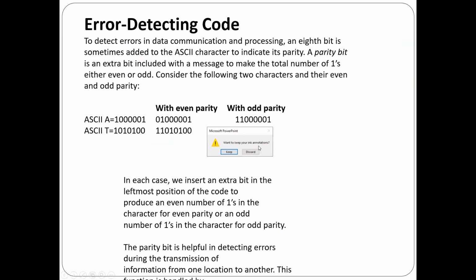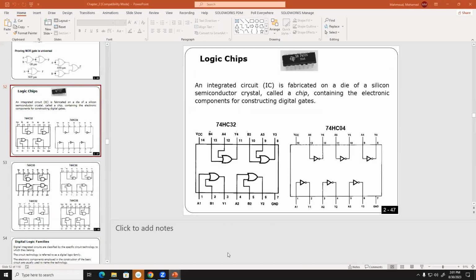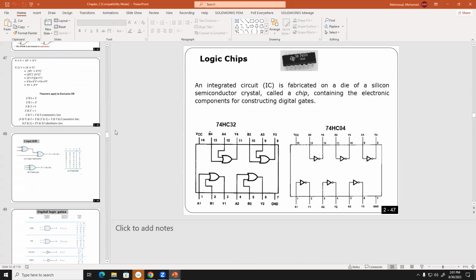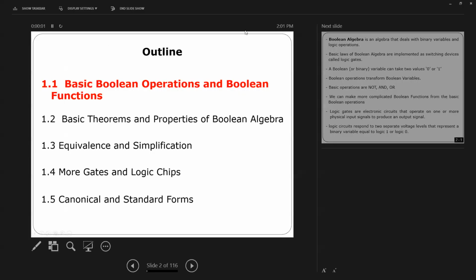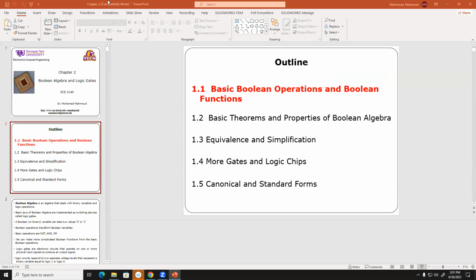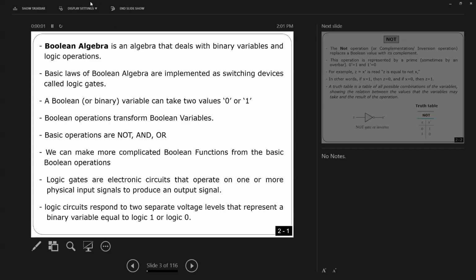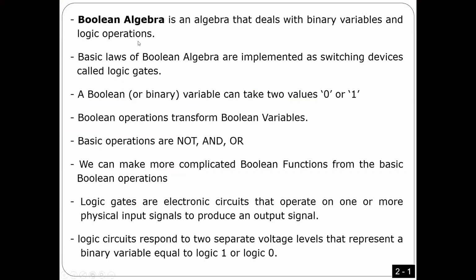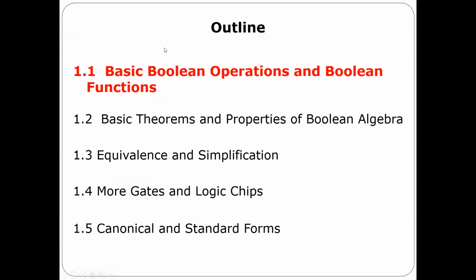Okay, so I think that's enough for chapter 1. I'm going to start chapter 2. In the first part of chapter 2, I'm going to explain basic Boolean operations and Boolean functions.